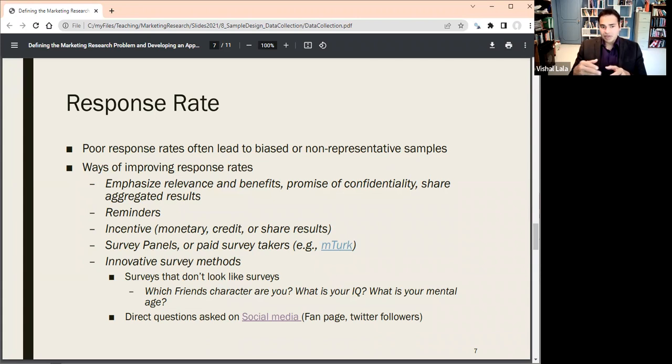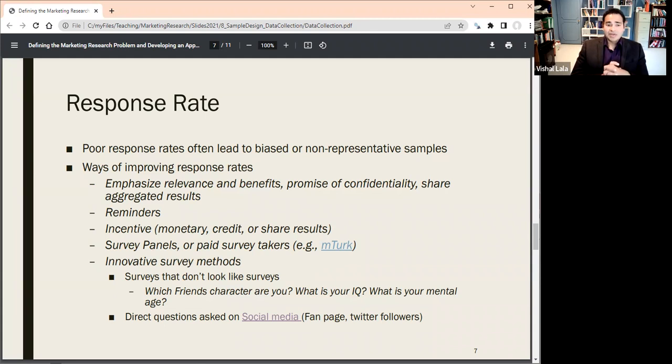Then you send those who didn't respond by the first reminder another reminder. And usually I found 3 reminders work really well in boosting response rate, all from, let's say, 1% to about 3% or so. Right? So you basically had a 3-fold increase from sending out reminders. And that's a good reason why you want to send out reminders.